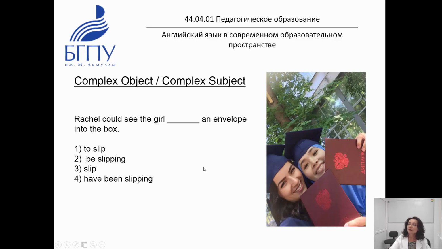Let us consider another issue. That's the problem of the complex object and complex subject. With the problem of complex object, you should remember that all the verbs are divided into the group of verbs of sensual perception and the group of verbs of mental activity.